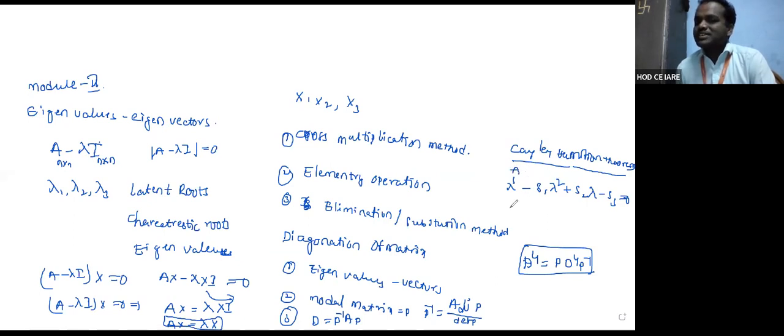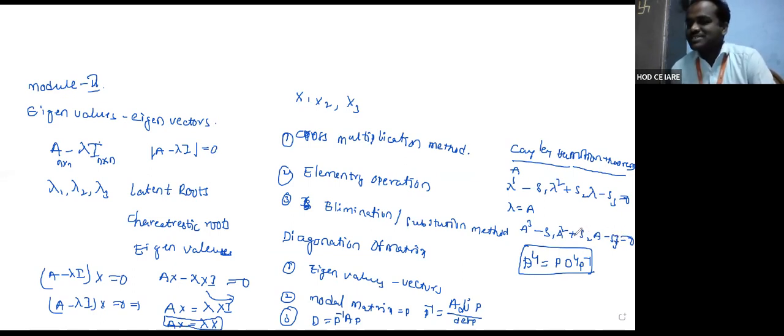So if we put lambda is equal to A, we have A power of 3 minus S1 A square plus S2 A minus S3 is equal to 0. Here A is already known, and you can write S3 into I, the unit matrix of the same order.